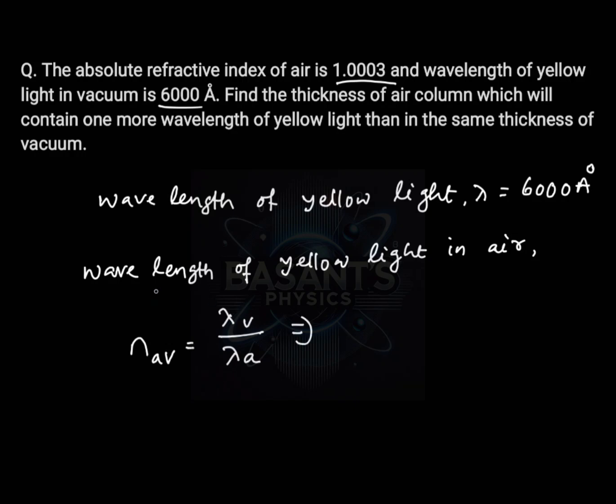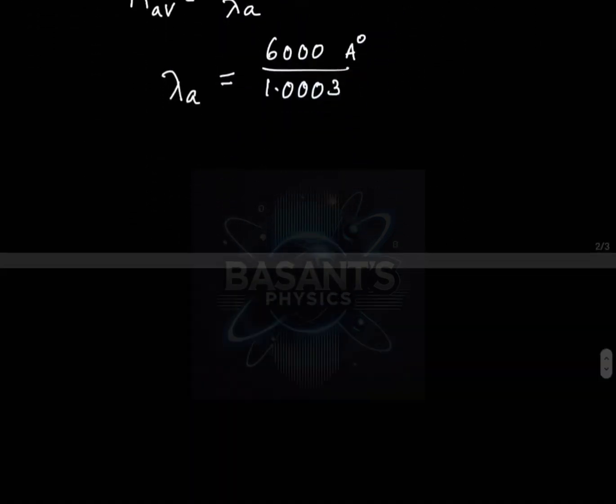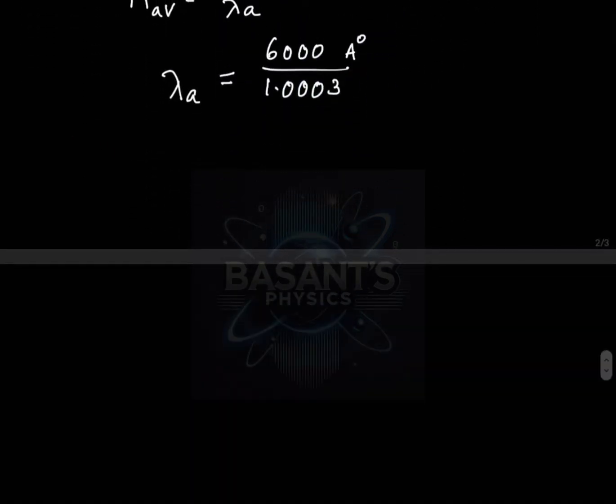So wavelength of yellow light in air lambda a is equal to wavelength of light in vacuum by refractive index of air, 6000 by 1.003 angstrom.